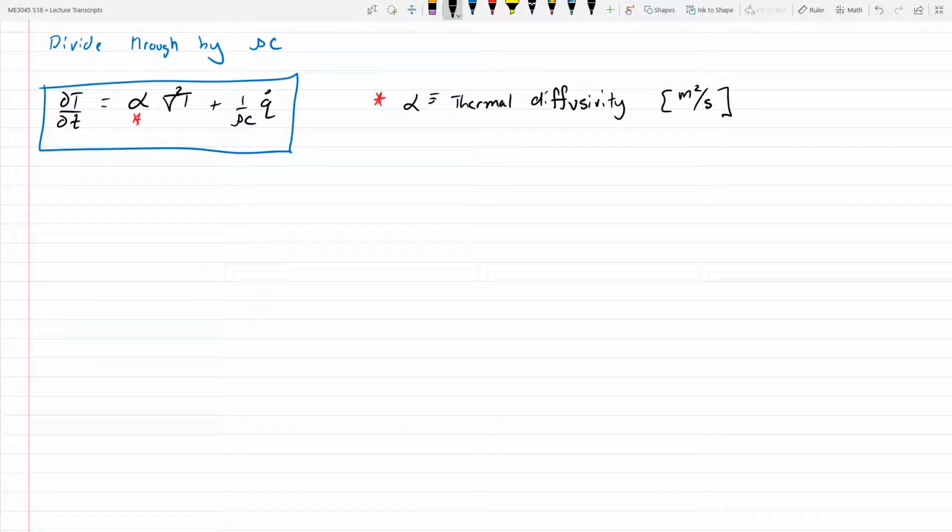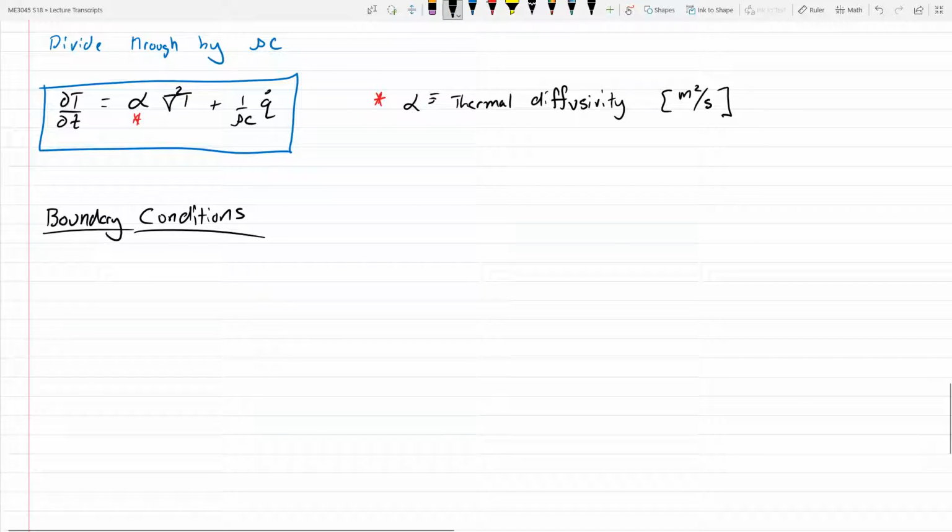So before we get into solving, there's one other concept that we need to cover, which is that of boundary conditions.